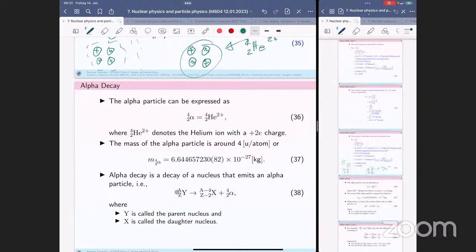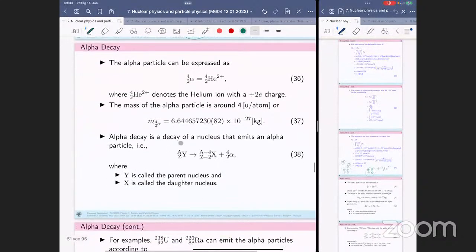The left-hand side is called the parent nucleus. It's a big nucleus, and it disintegrates into a smaller one, shown on the right-hand side as the element X, which has A-4 nucleons.